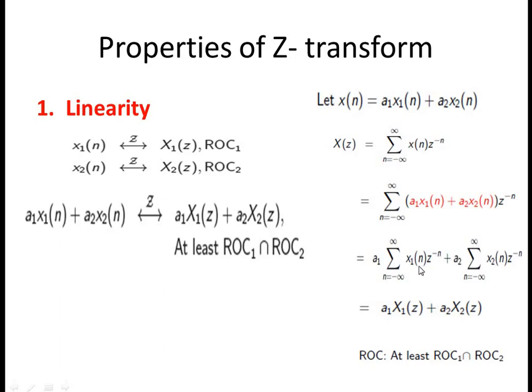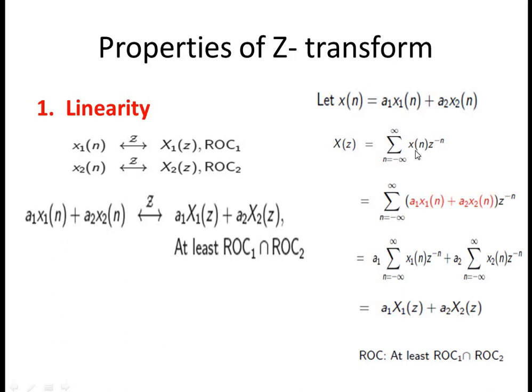So here too, in order to convert all the steps into this general formula, we have removed the constants. We are taking the scaling out of the summation block. Now it is looking like the general formula. Instead of x we have x1, so we can write it as X1 of z, and here X2 of z.